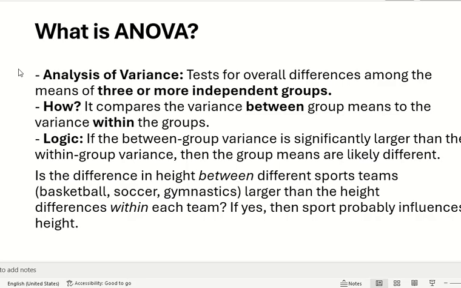In this case, there are three groups. Obviously, if you do the t-test, you will have the same problems: the conditional probability and the error multiplying. So we can do the ANOVA. ANOVA will tell us if the variance of heights within each team is very low as compared to the overall variance, then we will say that the sport affects the height.